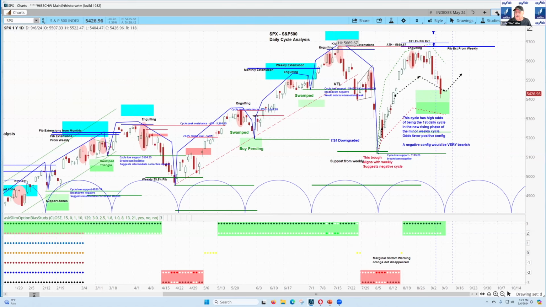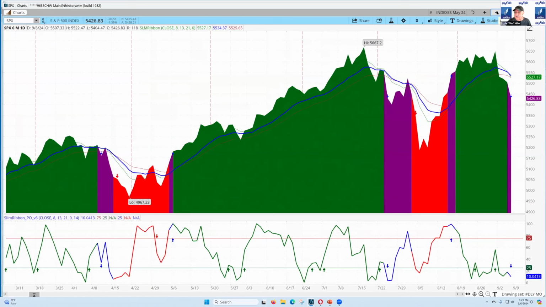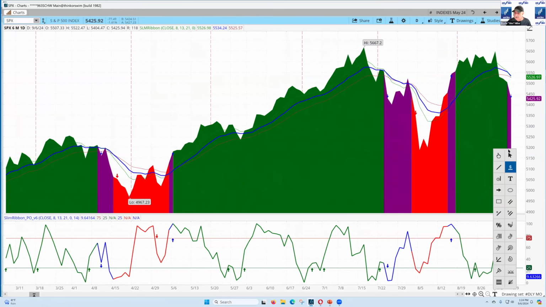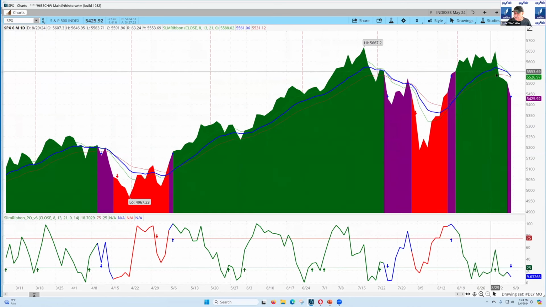Let's take a look here at 6 months of momentum conditions, as you could see, and the slim ribbon PO on the bottom. We had some signals right in here that the market was likely to try the upside again, and it did, as you see, but it could not hold in there. And what happened was that it began to turn over, and now it has turned neutral.